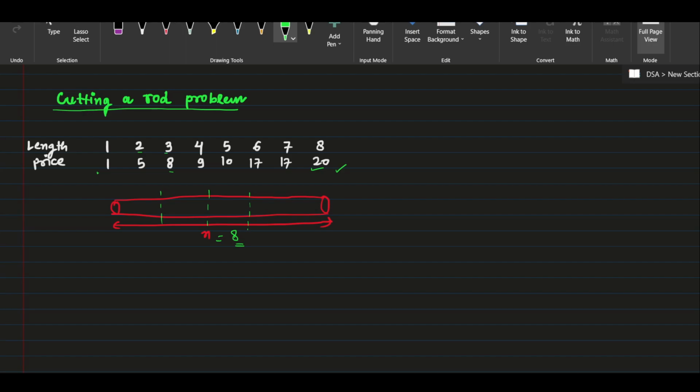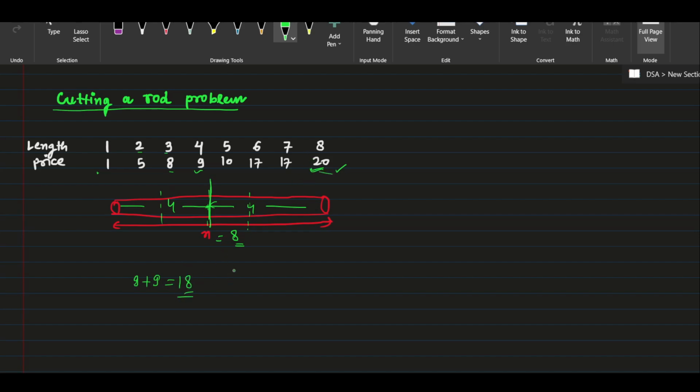If we cut the rod into two equal parts, 4 and 4, then a rod of size 4 has the price 9 rupees, so we get 9 plus 9, that is 18, which is smaller than the price of the full rod.